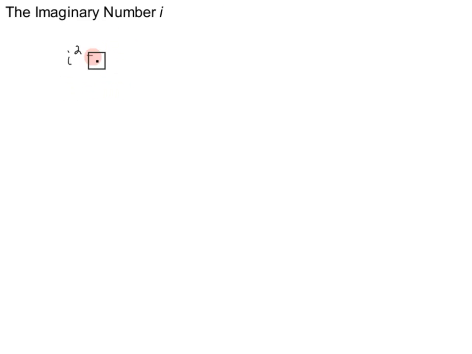Okay, so let's look at any other powers of i. i to the first is i. i squared, we already saw, is negative 1. And now, to get i cubed, I can multiply both sides of this by i, right? So the left side is going to be i cubed, and the right side is going to be negative 1 times i, which is negative i.